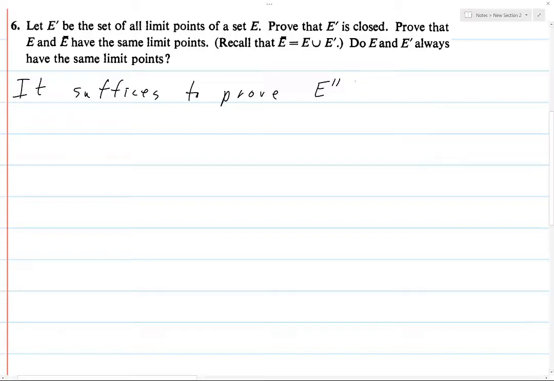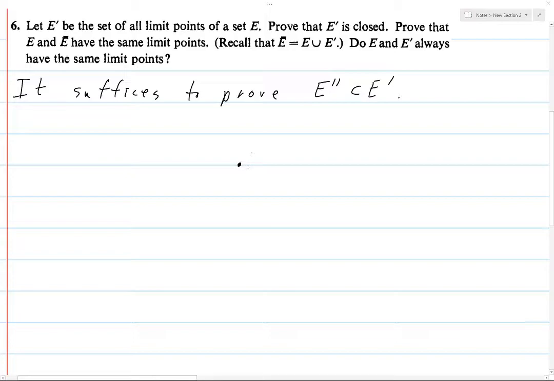We want to prove that E prime contains E double prime. And so let me draw a picture of the proof and prove this visually. And then after doing that, we will prove this rigorously using symbols. But if you understand the picture that I'm about to draw, then that should be enough.